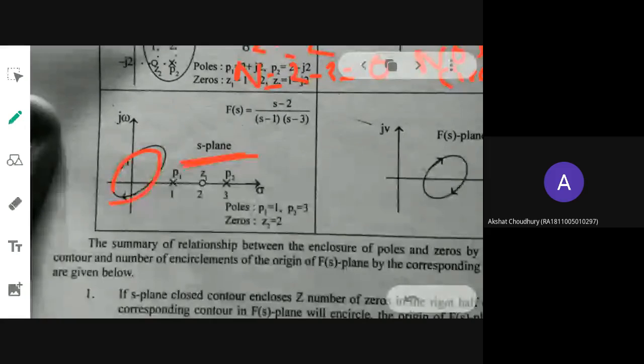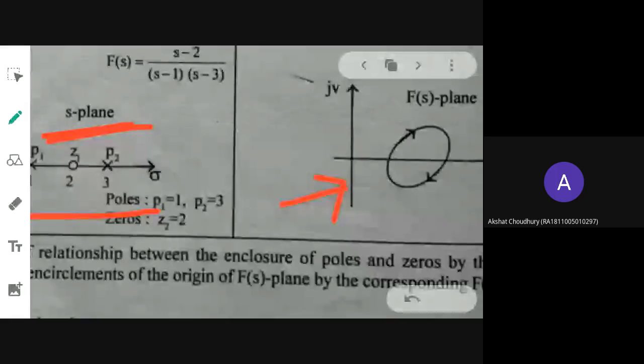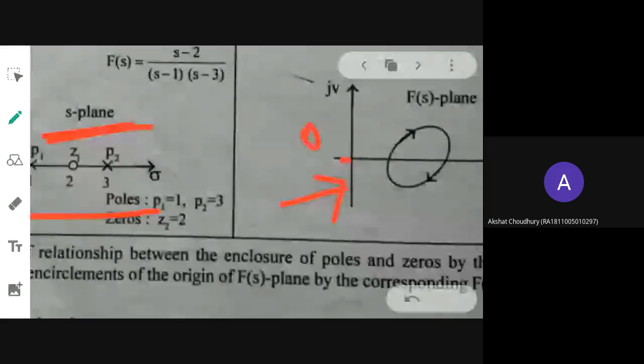So those are not enclosed. If this is the case, again you refer to the f of S-plane contour. This is the origin. Does it encircle the origin or not?